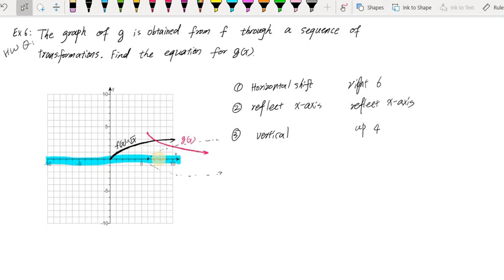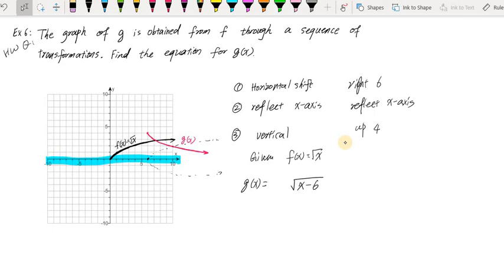And now I have to write the equation. So I can write g of x is equal to, and remember the original graph. The given to us is f of x equal to square root of x. So don't forget that piece. By following the rule, right 6 means x goes to the right side, that will be x minus 6.